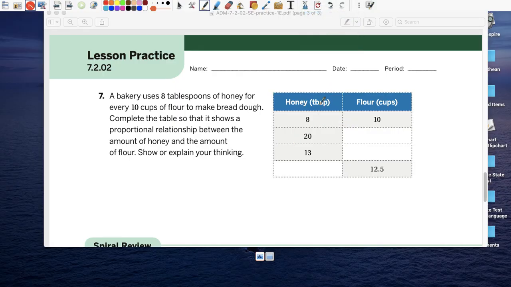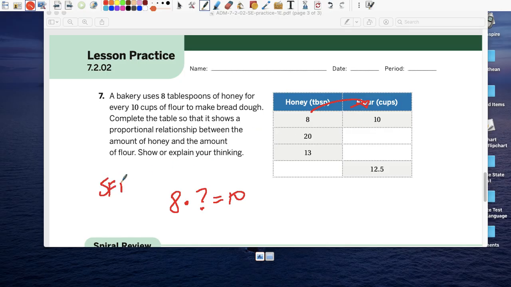So that says 8 times some number gave me 10. How do I find that number? Well, again, think about it in terms of scale factor. So it's an enlargement. How did the 8 become a 10? So it got bigger.